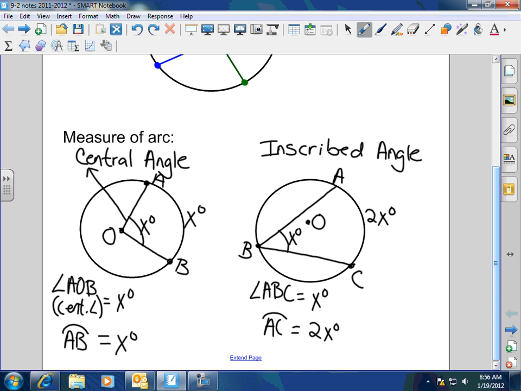So for central angles, the arc opposite the central angle will equal the central angle measure in degrees. When you have an inscribed angle, the arc opposite the inscribed angle will be twice the measure of the inscribed angle. Does that make sense, gentlemen? Are you sure? Okay, thank you. Let us continue then.